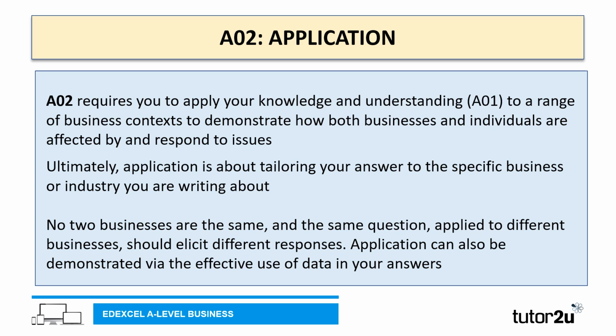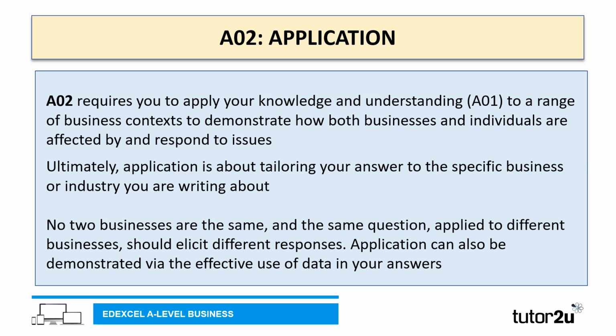Let's look a bit closer at AO2, which is application. Now, AO2 requires you to apply your knowledge and understanding, which is AO1, to a range of business contexts to demonstrate how both businesses and individuals are affected by and respond to issues. Application is a skill which a lot of students find very difficult, and it's really about tailoring your answer to the specific business or industry you are writing about.